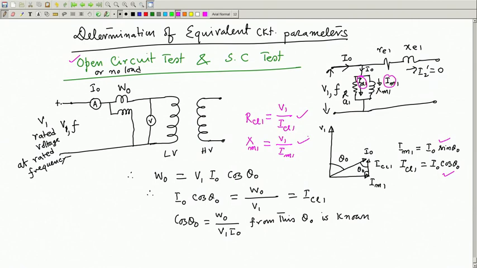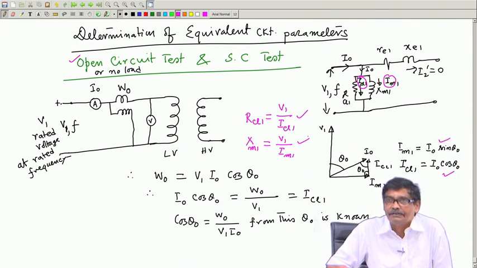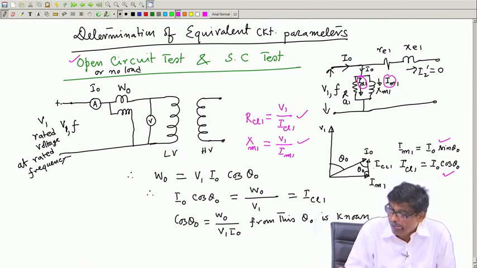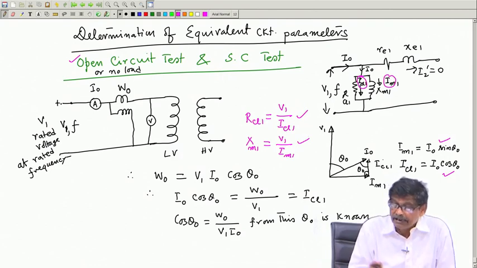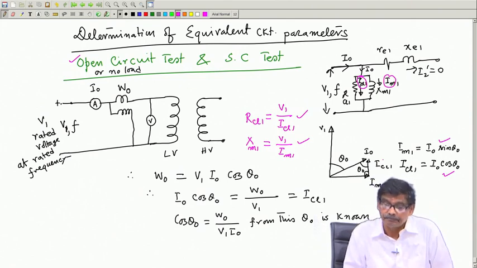And do not say the series part of this equivalent circuit is the core loss resistance. Then it will defy the physical reasoning, that is, the magnetizing current requires a fixed voltage. So, you should be very careful. Mind you, then I have been able to calculate RCL 1 and XM 1.